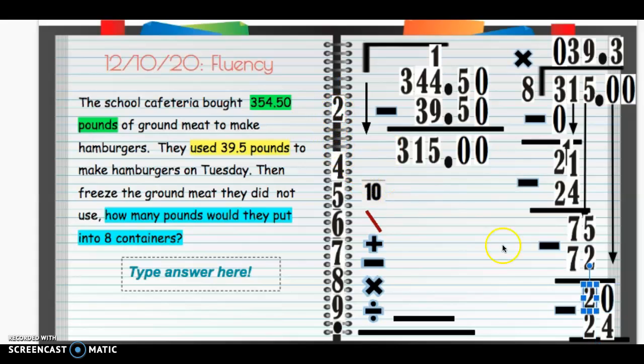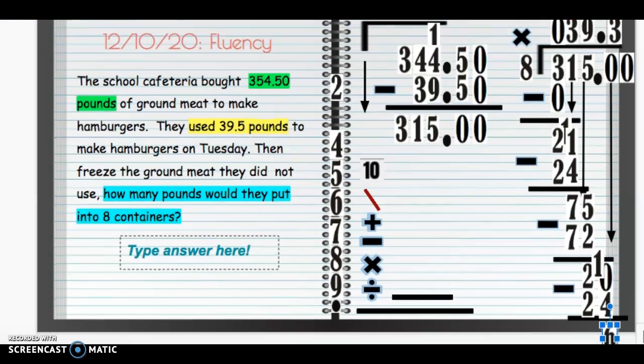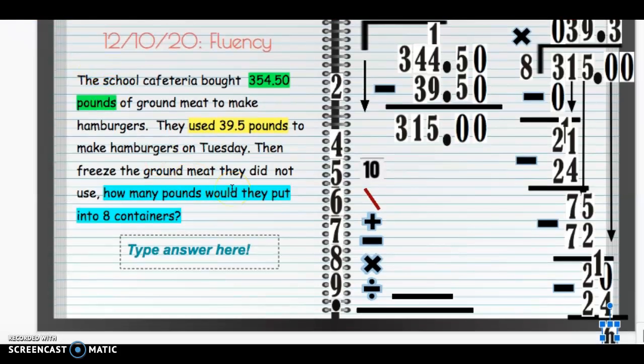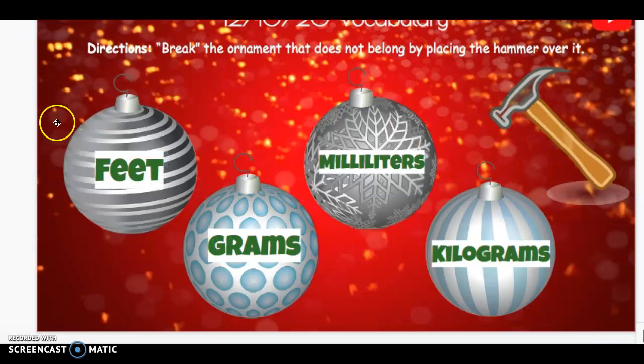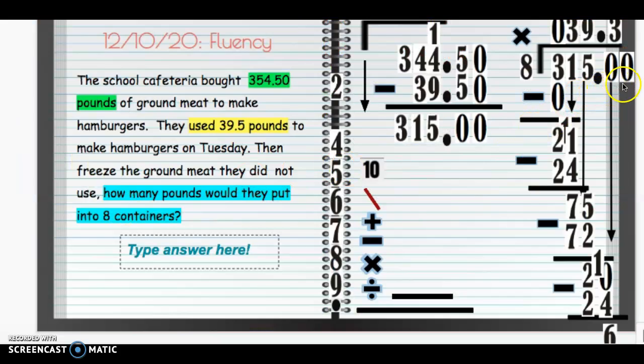And then it's a 10, and you'll have enough, believe me, I will have enough numbers for you. 10 minus 4 is 6. So you have 6. And then I bring down my next 0.